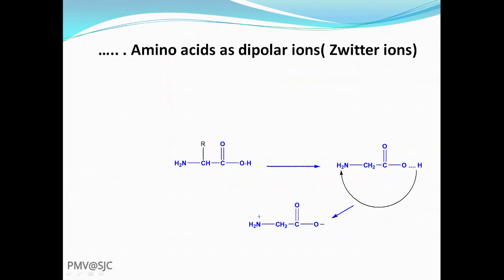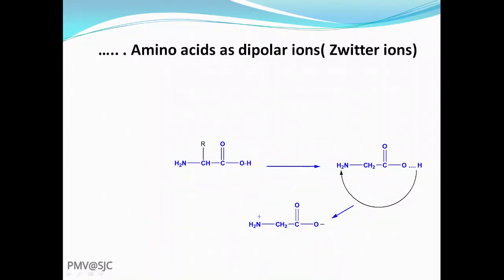Thus NH3 plus and COO minus result. The coexistence of both positive and negative charge is considered a Zwitter ion. Hence, an amino acid can always be represented in the dipolar ion state.